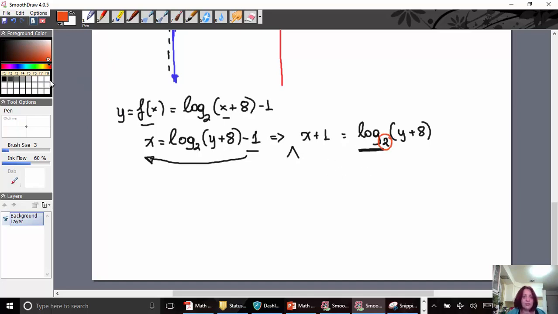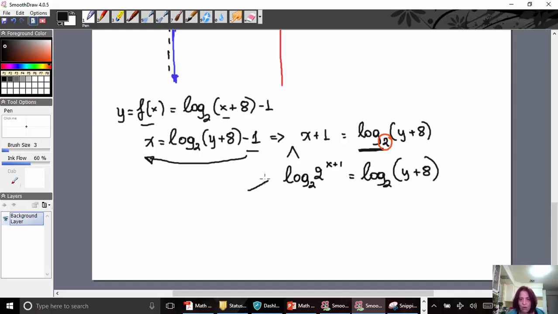So since I have the base 2 right there, I want to have a base 2 on the left side of the equation. Log with base 2 of 2 to the x plus 1 is equal to the log with base 2 of y plus 8.